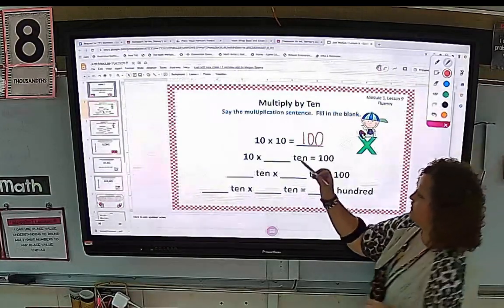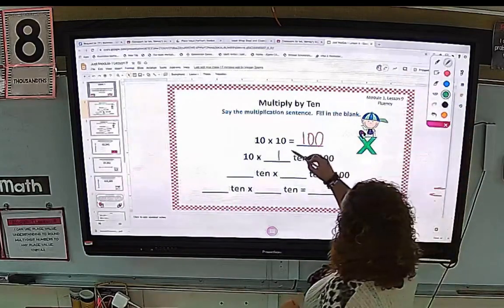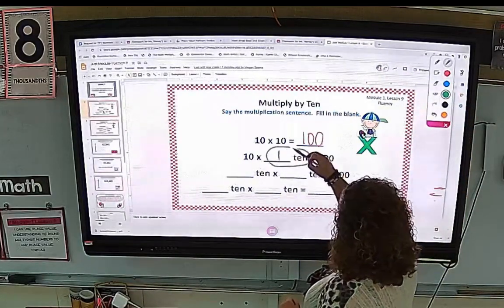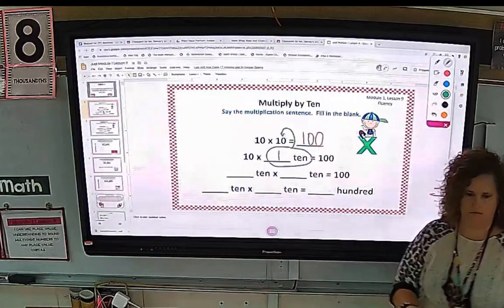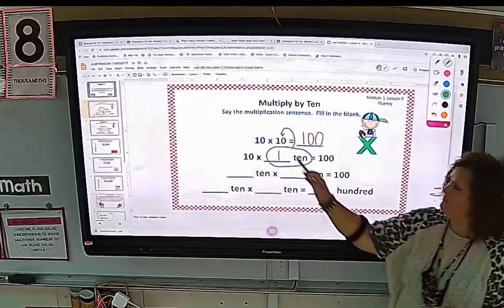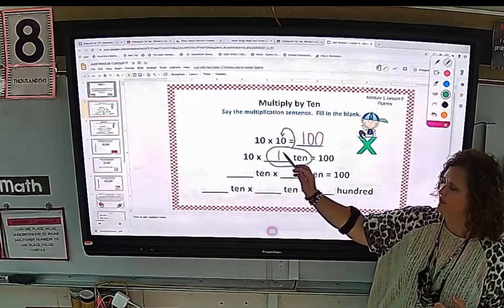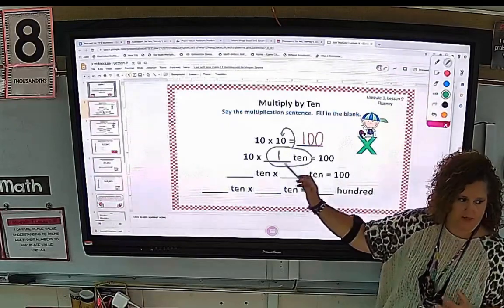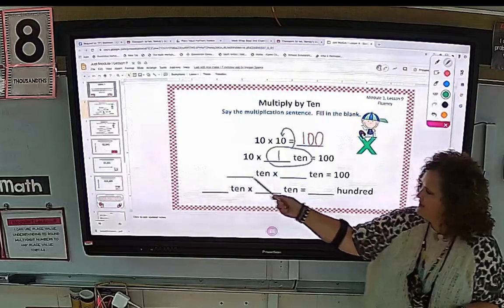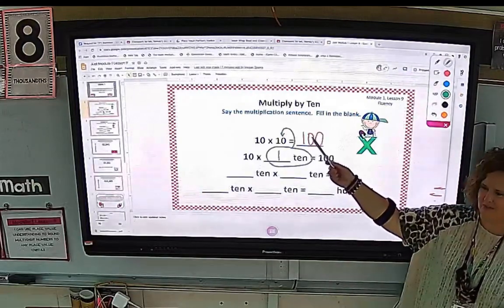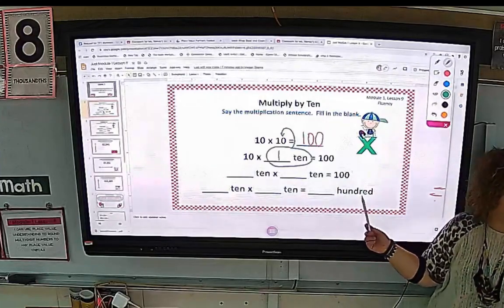1. Okay. Let me show you. They took all of this and replaced this with it. Instead of drawing a 10 like a number, they replaced it with the numeral or the digit 1 and the word ten. So now this is the same as these two. How many tens times how many tens equals 100?